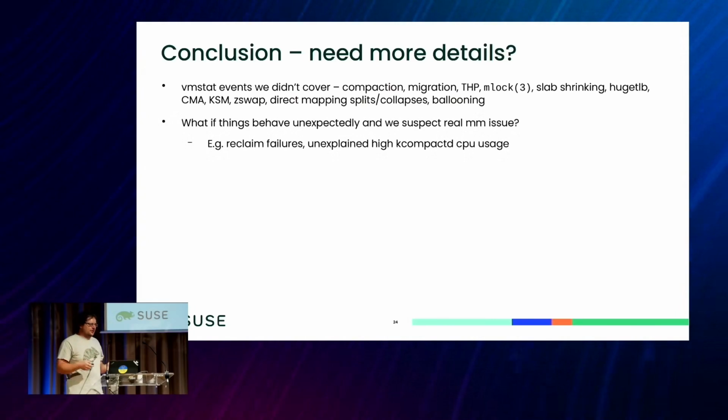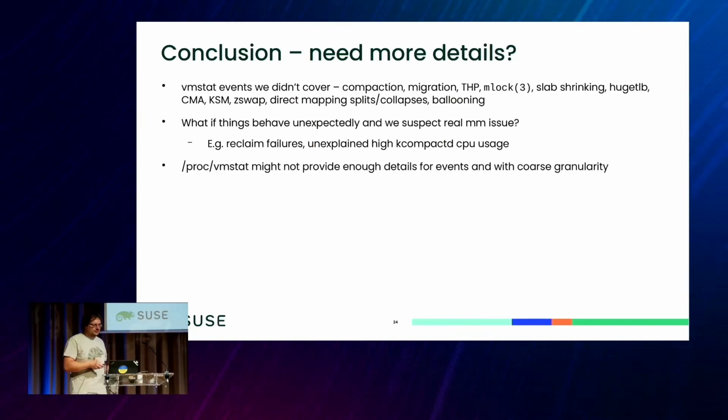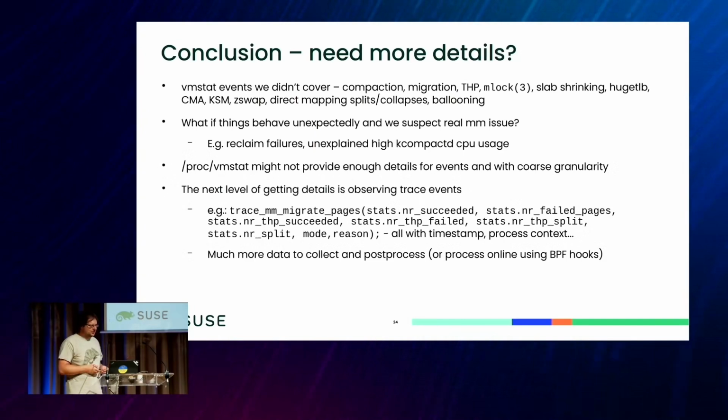And again, it's not the end of the story when this granularity of counters doesn't give you enough information to debug your bug. There's always tracing. Many of these events are incremented in some function where next to it there's a trace event that collects more details, so you can enable that.